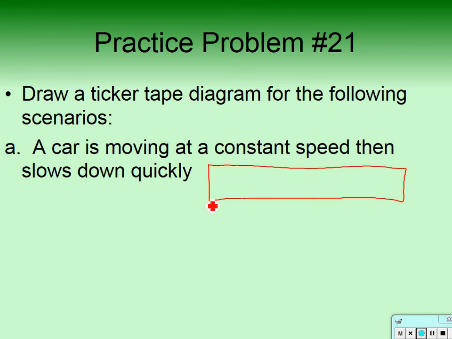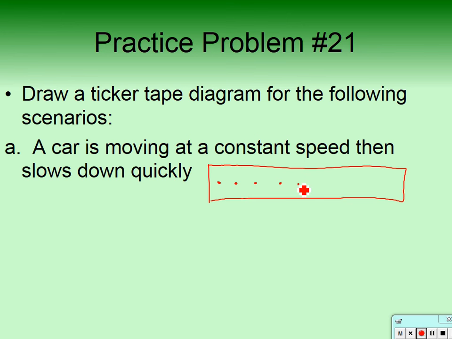Okay? So a car is, how do we show constant speed, guys? Yeah, equal distance apart between all these dots. So those first 4 dots, hopefully they're close. That's constant speed. Equal distance between them. Now we want to show that it slows down quickly. How would we show that?